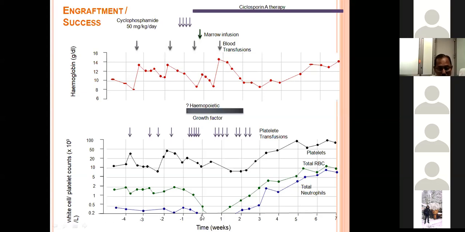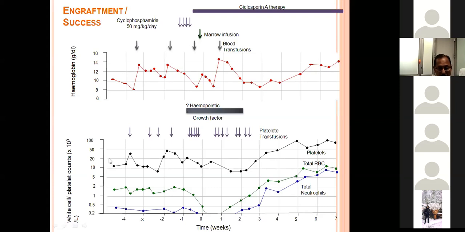Neutrophils are 0.2. This is extremely low. This is week 1, then plus 7 days, plus 14 days, plus 21 days, plus 28. So every day you do the CBC and you monitor the success of the transplant by increasing number of neutrophils and increasing number of platelets.